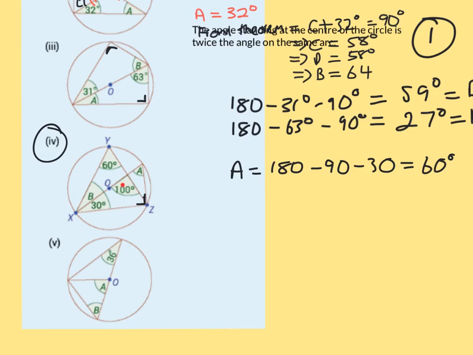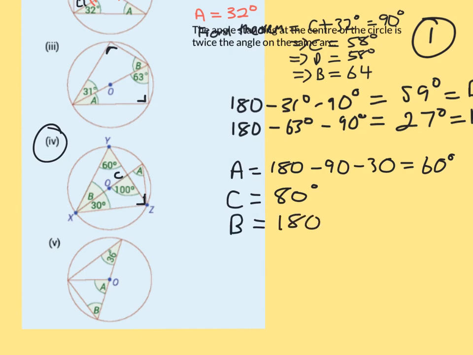But on that note then, if this is 100 degrees, what we can say is that this angle here, let's call it C. So then C is going to be 80 degrees. Okay. And then on that basis, we can say that B is equal to 180.